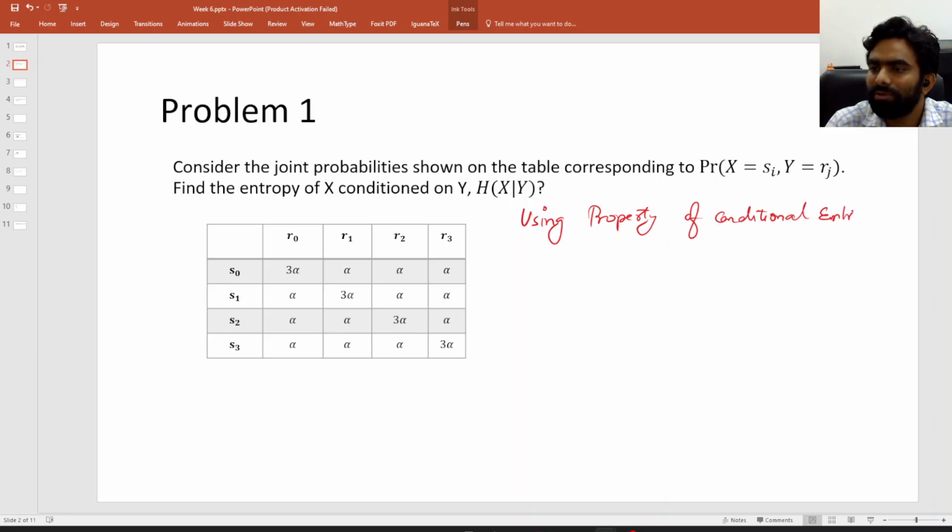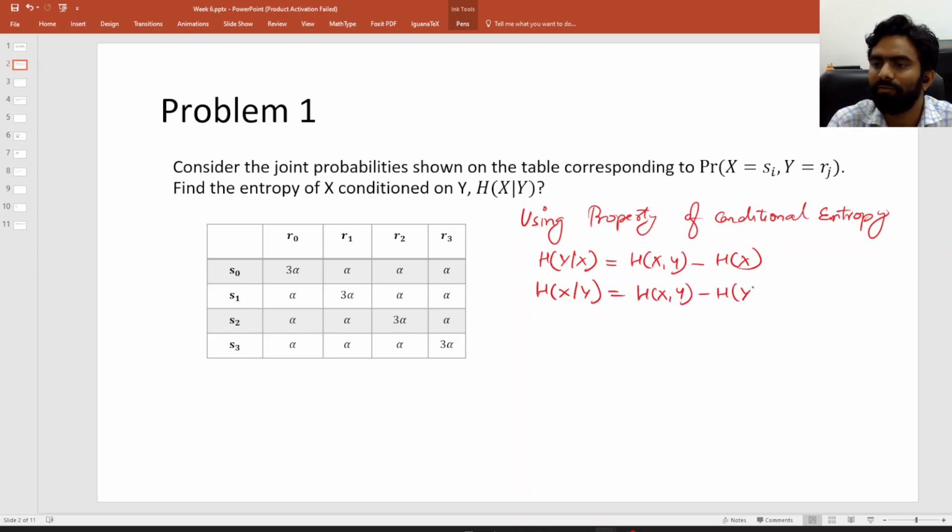H of Y given X would be H of XY minus H of X, and H of X given Y would be H of XY minus H of Y. Clear?